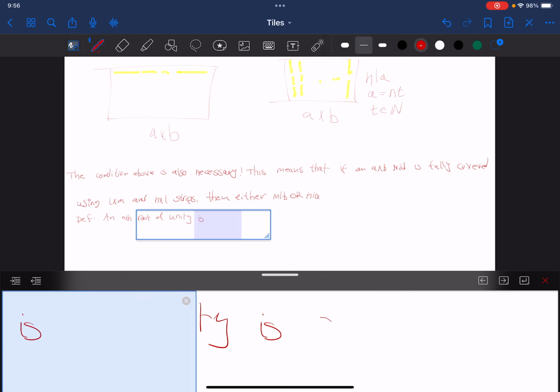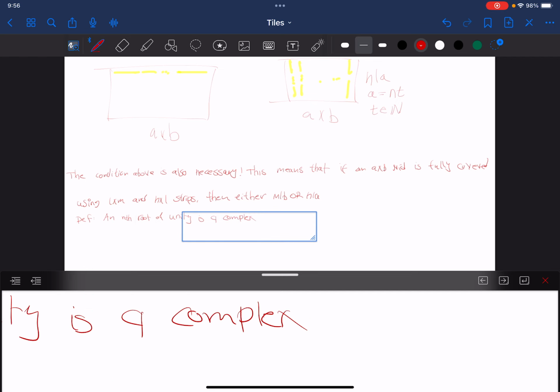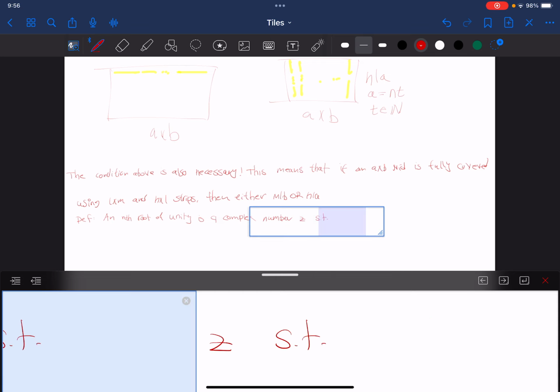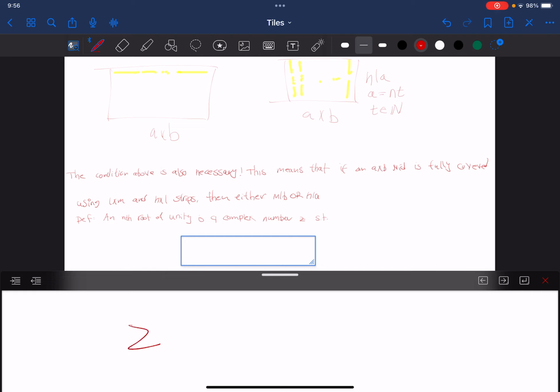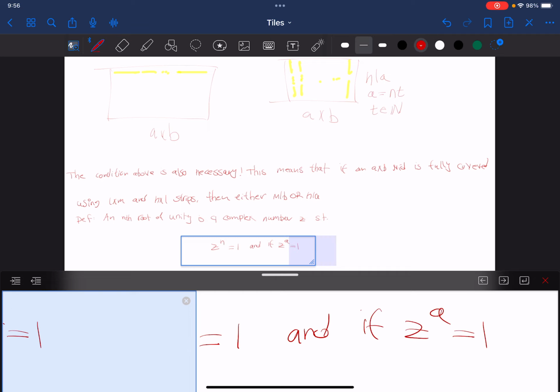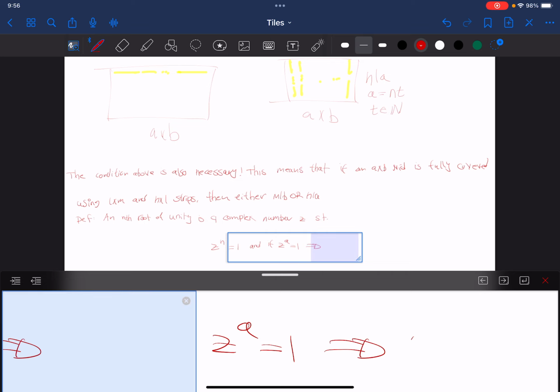It is a complex number z such that the following holds: z to the power n is equal to 1, and if z to the power a is equal to 1, then n divides a.